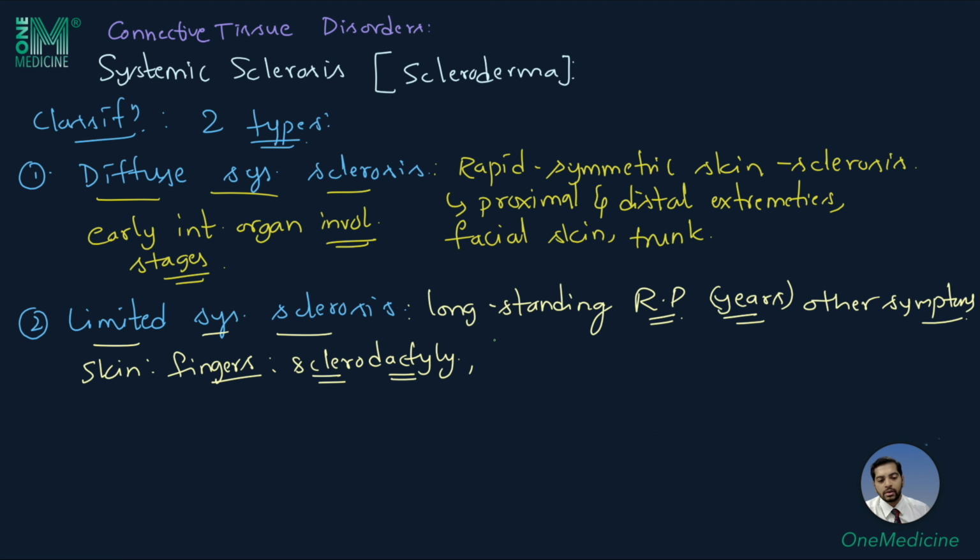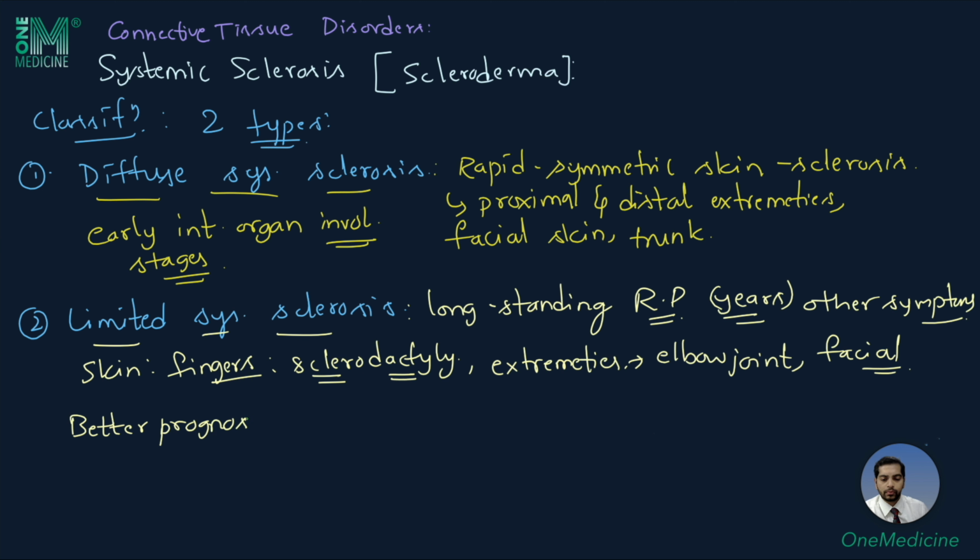And if at all any other parts are involved, that will be the extremities, that is the hands beyond or distal to elbow joint. There can be facial skin involvement also. Facial skin sclerosis can be seen. This generally has a better prognosis. However, an important point to note is limited systemic sclerosis can be associated with higher incidence of pulmonary arterial hypertension. In such patients, the management becomes quite difficult.